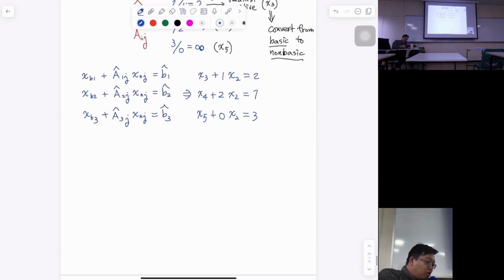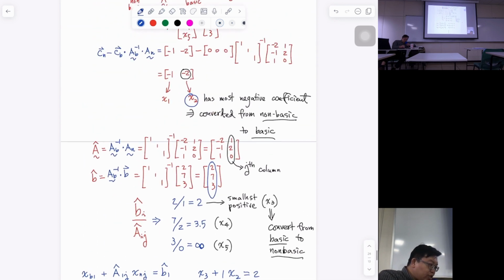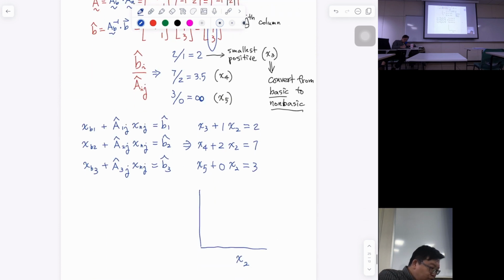And if you try to draw 3 linear equations, here is your X2. And your X3 was 2. X4 was 7. X5 was 3.